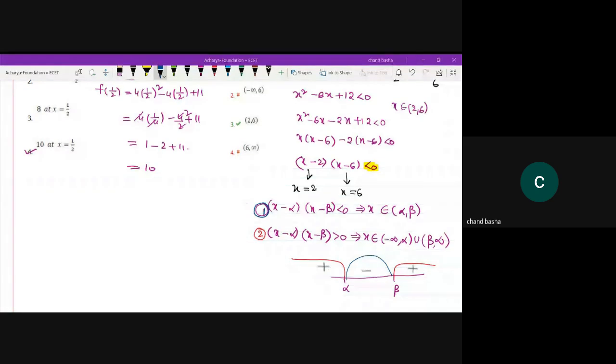This is one of the most important concepts to be remembered. So your answer is 2,6 already has given.